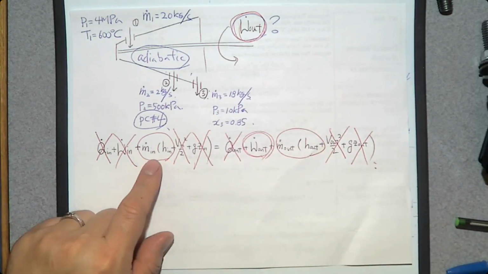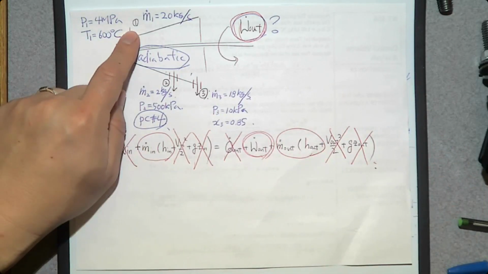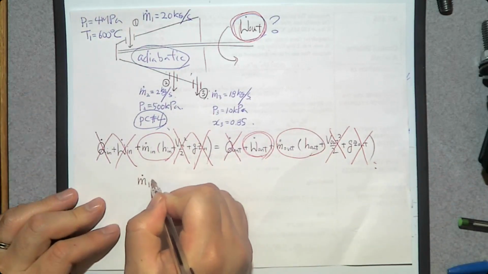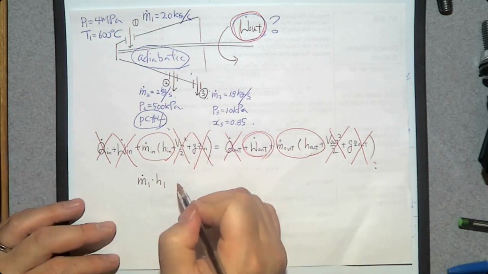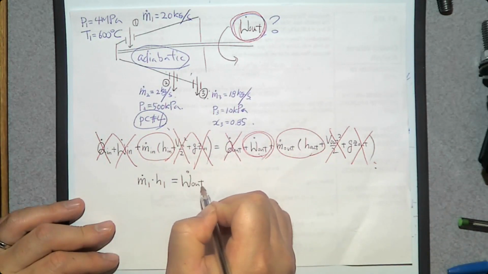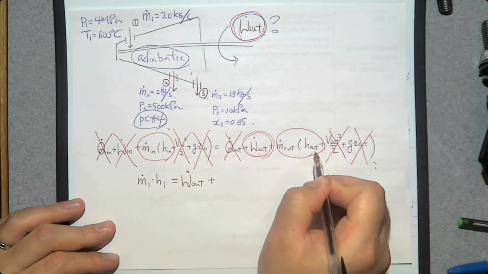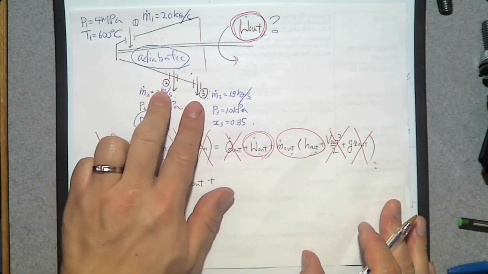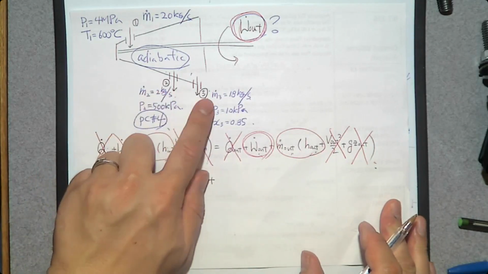So what is the rate of enthalpy at the inlet? Inlet is number 1, so m dot 1, H1. Okay, no problem. Then we have W dot out, the unknown that we want to calculate, and the rate of enthalpy at the exit. Not just 1, we have 2 and 3.